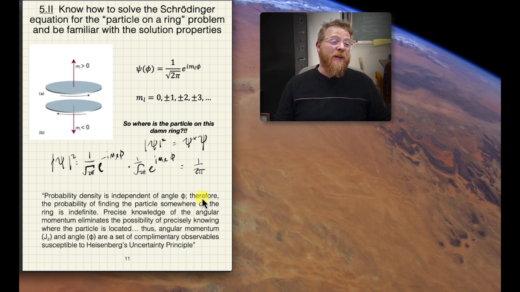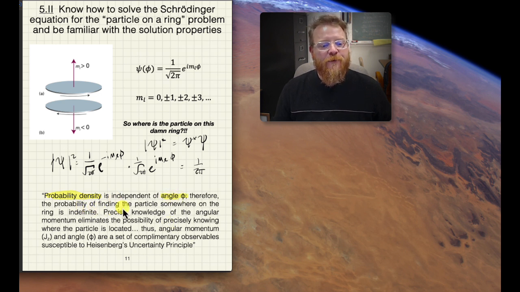So this is a really curious result, because what we get out of this is no phi dependence. We're saying the square modulus is just this constant value, implying that the particle can really be anywhere on the ring with equal probability. So there are some consequences of that. The probability density is independent of angle phi.